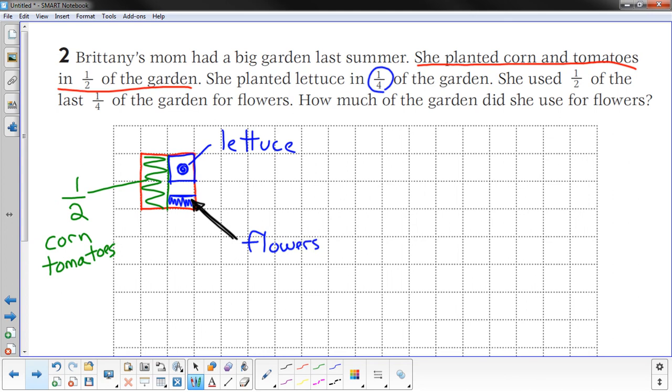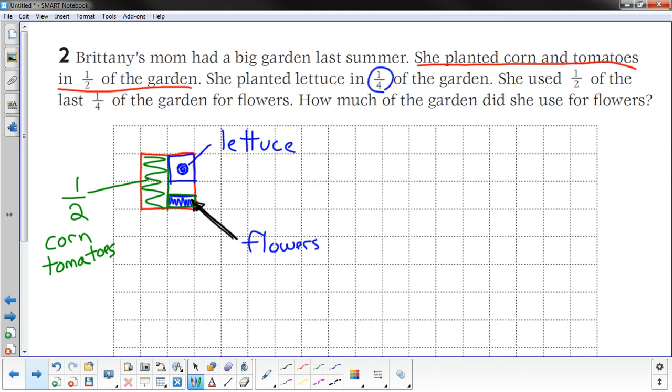Well, that's kind of hard to visualize, but if I could take this and build it to fill the entire garden, how many pieces would there be in all?